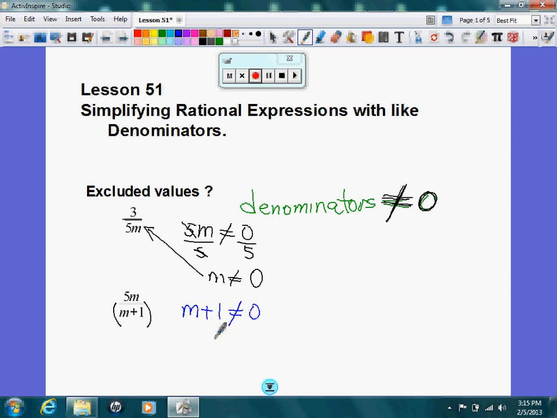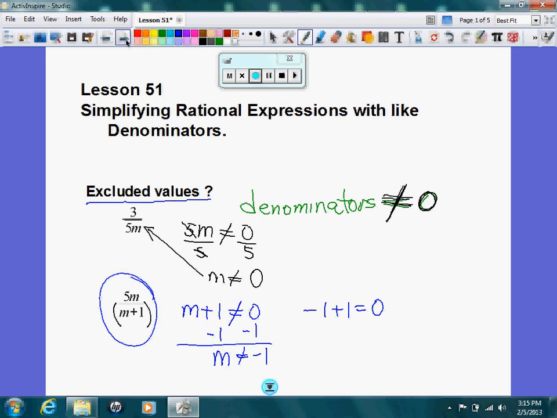Well, we would add minus 1 to both sides, and the ones would cancel out, and we'd get m is not equal to minus 1. So if m were minus 1 here, we would have minus 1 plus 1, which is equal to 0, and we would be dividing by 0. But minus 1 is the excluded value for this expression.